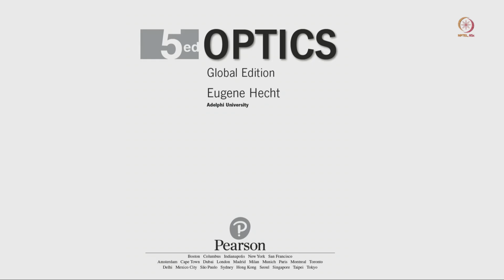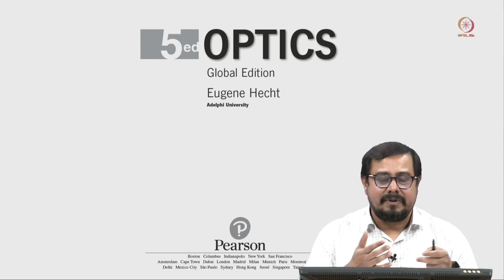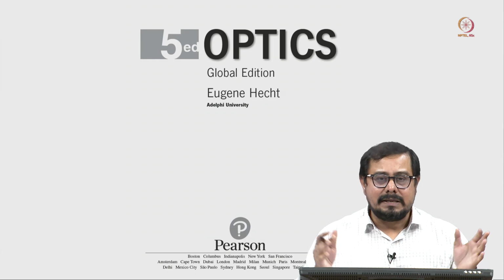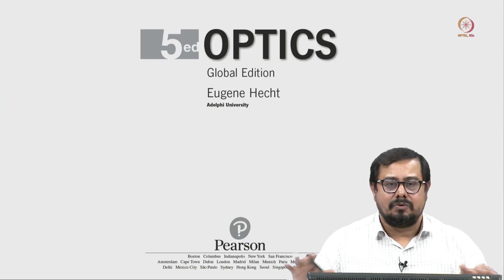But for biologists, or newcomers and new users, we do not need so much detail about the diffraction pattern. If someone is interested in the advanced material, then definitely you can go through this book. Otherwise it is not required at this moment for new users.